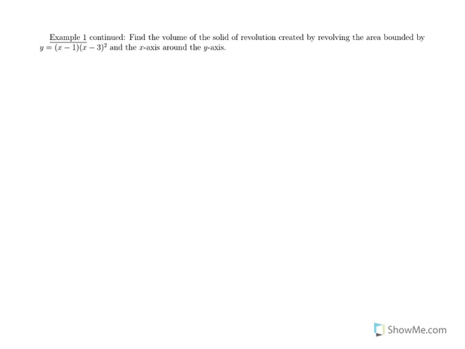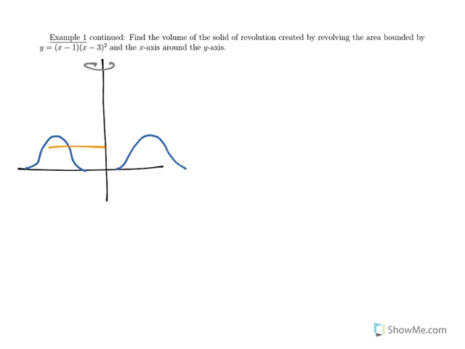One more thing about this example, though. If you did try to use the disk method, let's draw a little picture of this real quick. Since we're going around the y-axis, it's important that we would use a washer at some y value.